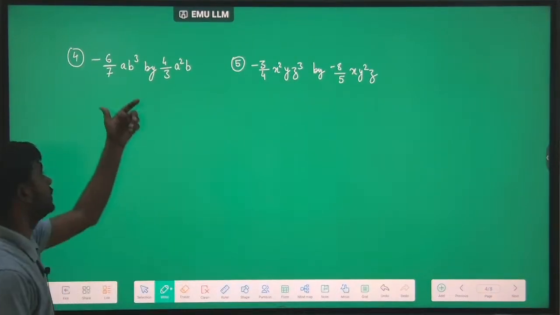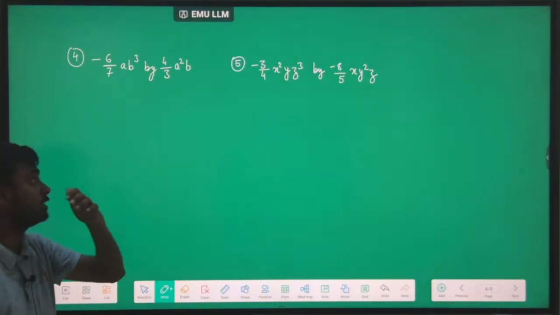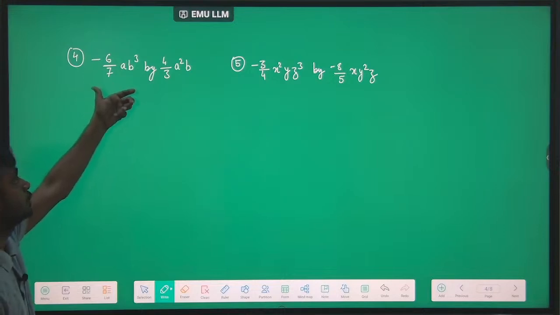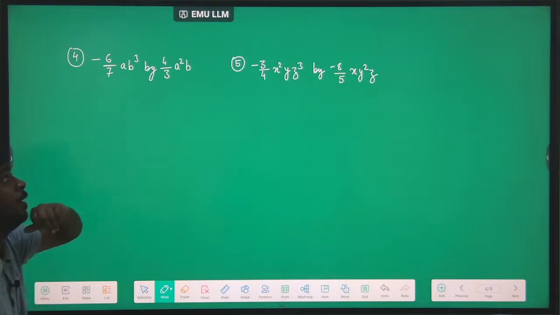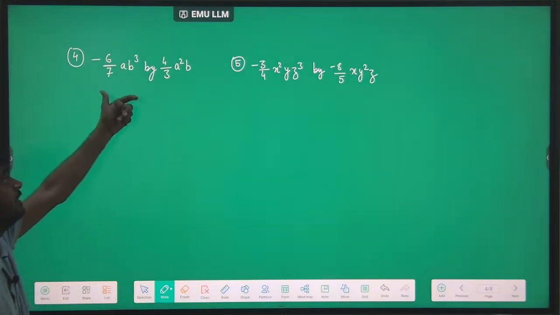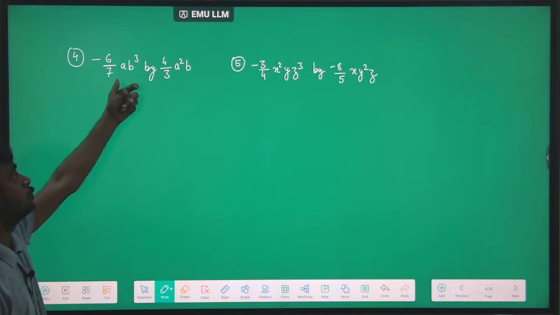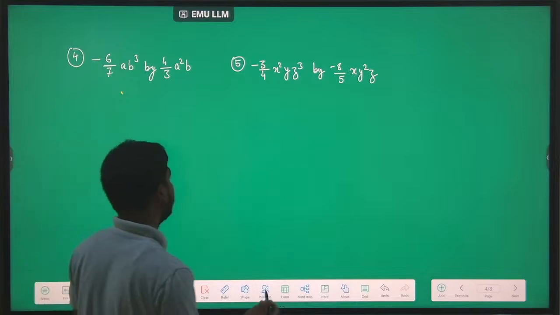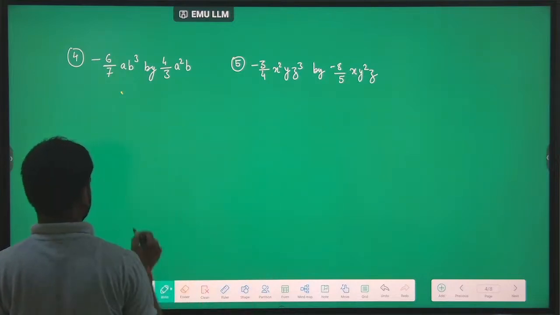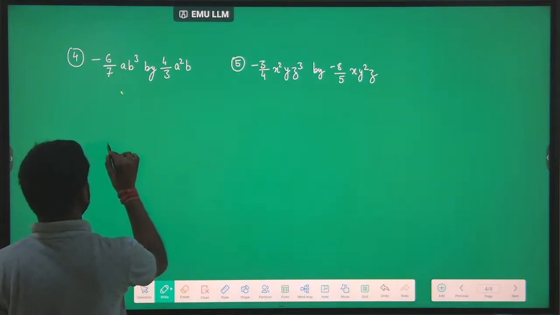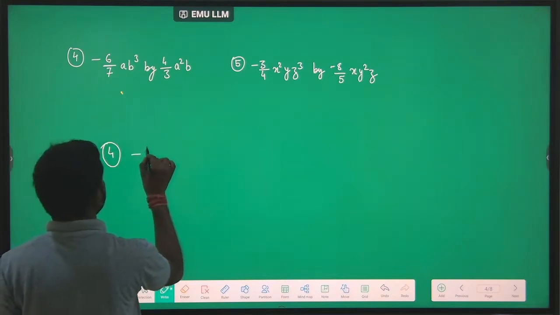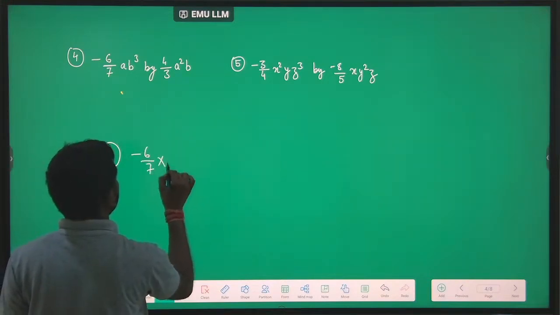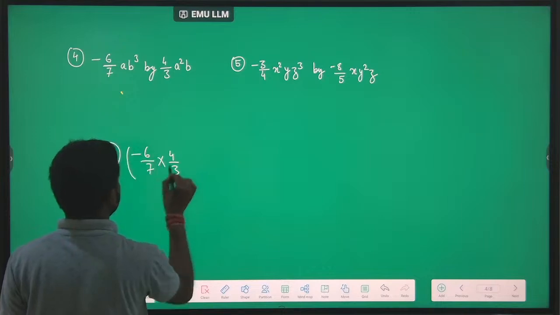What is our next question? Our fourth question is, we have to multiply this monomial with this monomial, but this monomial is having two variables in between them. Okay. So what we will get? For the numbers, minus 6 by 7 will be multiplied with 4 by 3.